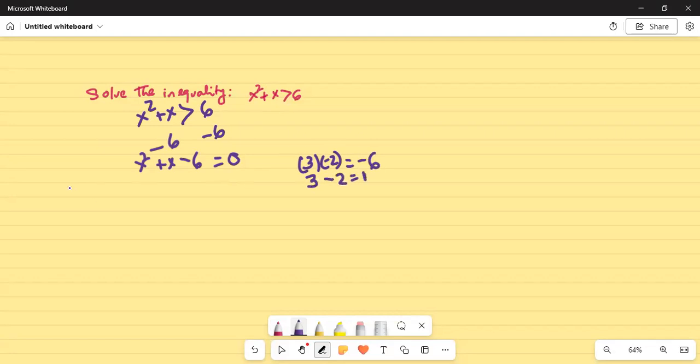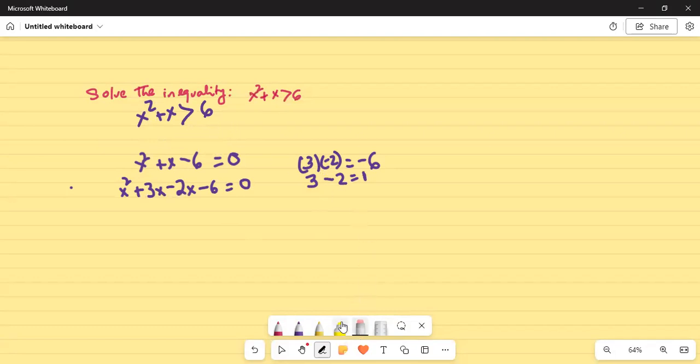So this boils down to x squared, and I will split up the 1x into 3x minus 2x minus 6 is equal to 0. Actually, let me erase this, because I jumped a step.